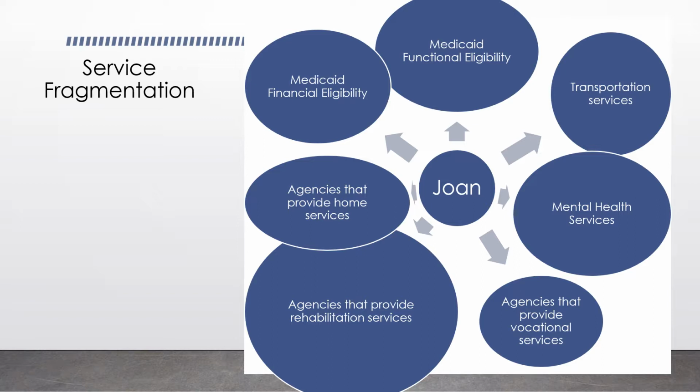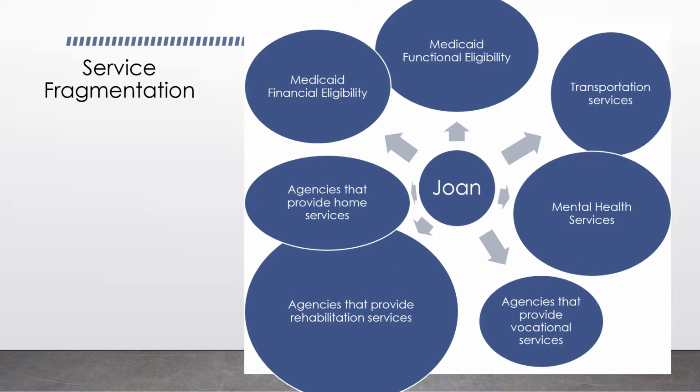She may try to get transportation through the city, or if she's an older adult, through a senior center, maybe through the apartment complex that she lives in. There are all of these different potentially private organizations that she may have to negotiate with to get from point A to point B.